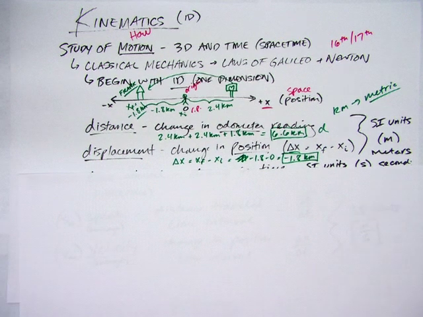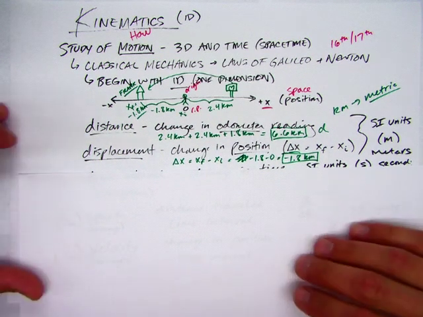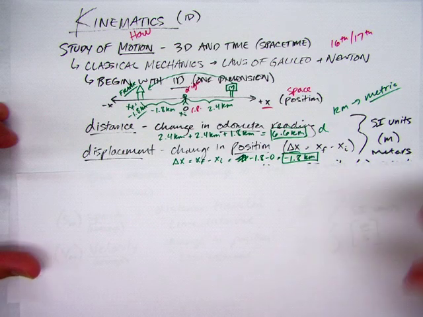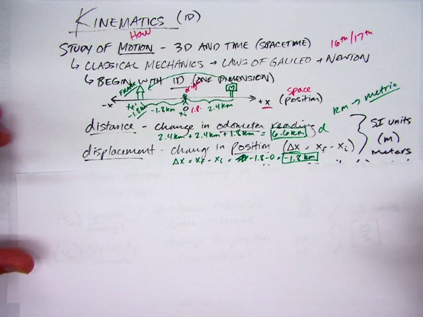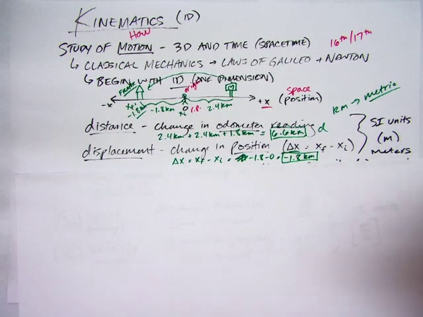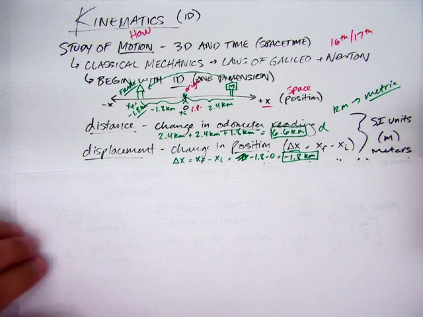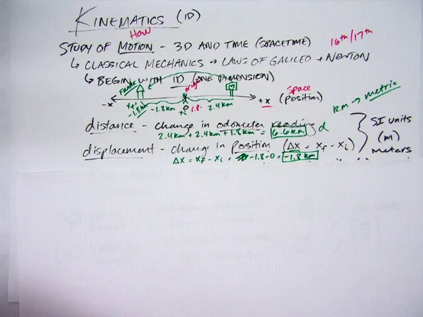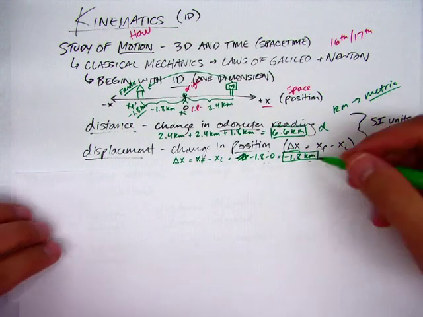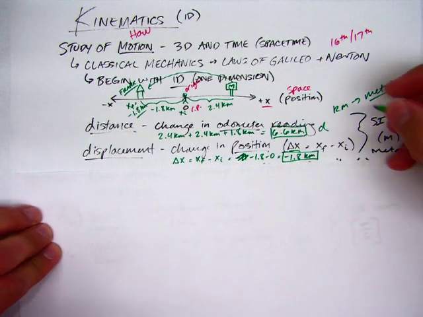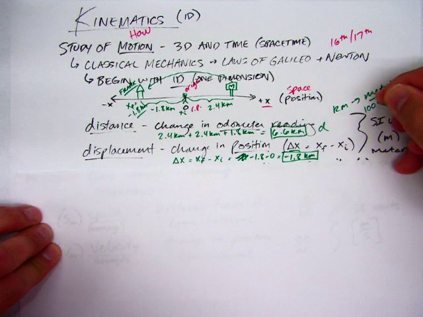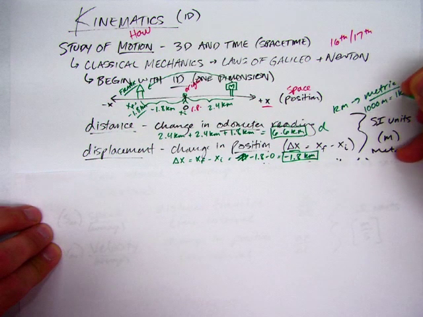So that's your first introduction to kinematics. Also, the SI units that we're going to use are meters, so sometimes you'll have to make some conversions. Let's say we want to know in meters what this was. Well, 1,000 meters is 1 kilometer.